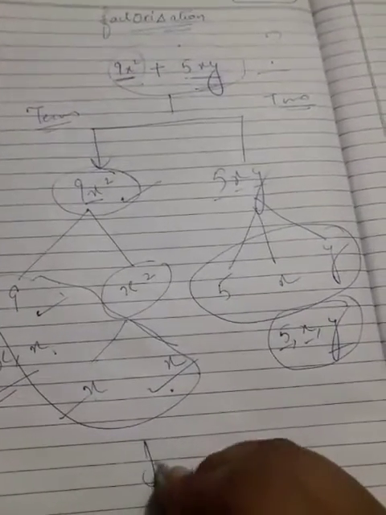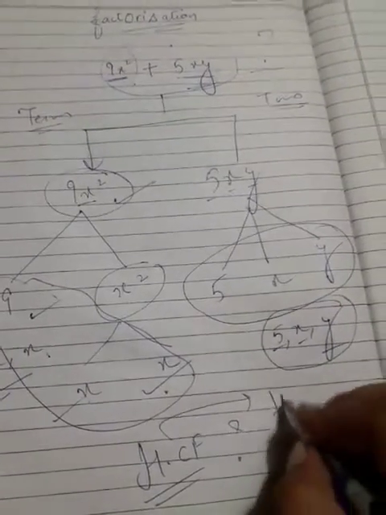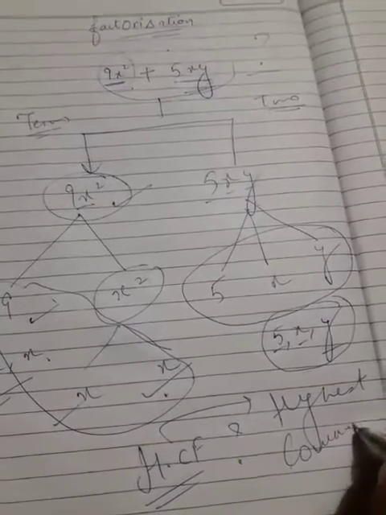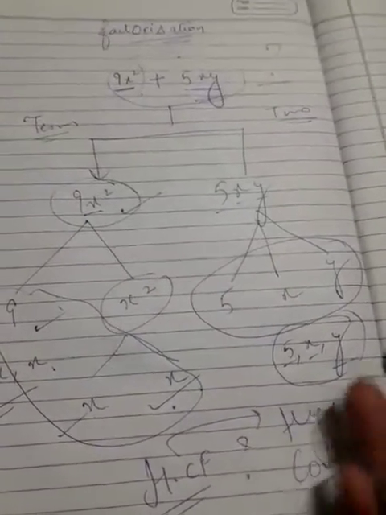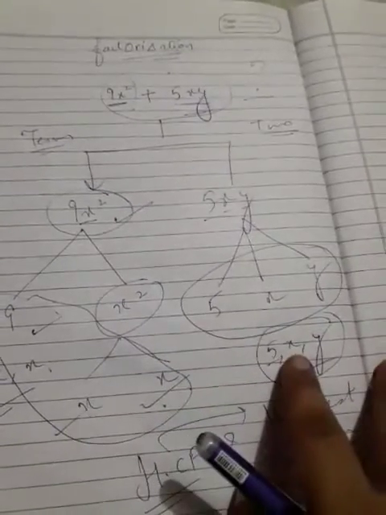If the question arrives, what is the HCF? HCF stands for highest common factor. What does it mean? Highest common factor means what is the maximum term which is common between these two terms?